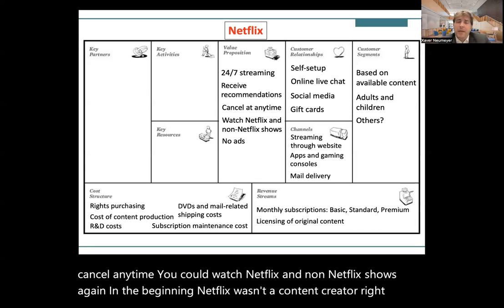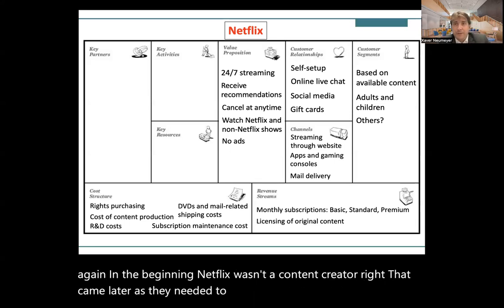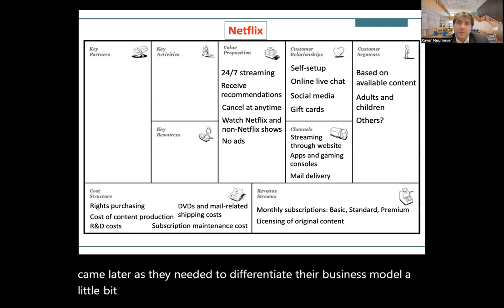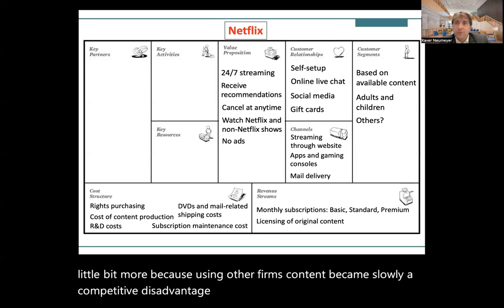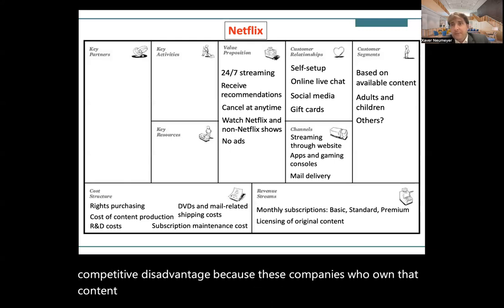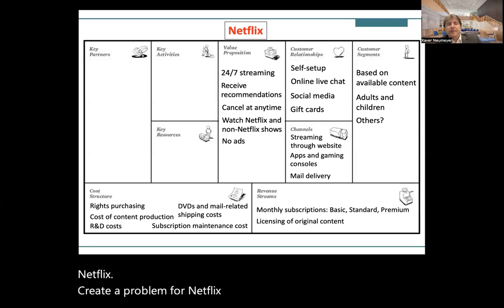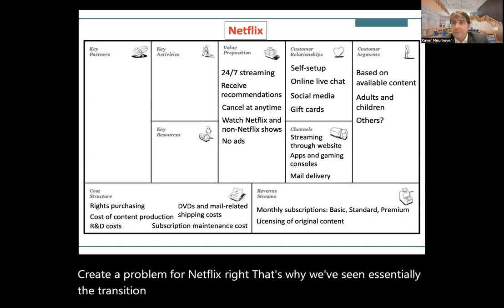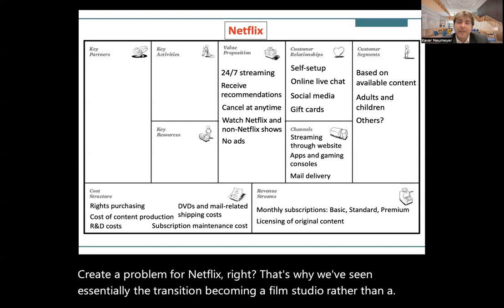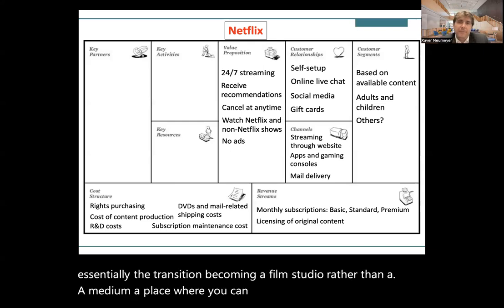That came later as they needed to differentiate their business model a little bit more, because using other firms' content slowly became a competitive disadvantage, because these companies who owned that content could eventually pull that content, and that would create a problem for Netflix, right? That's why we've seen the transition to becoming a film studio rather than a place where you can loan entertainment media.